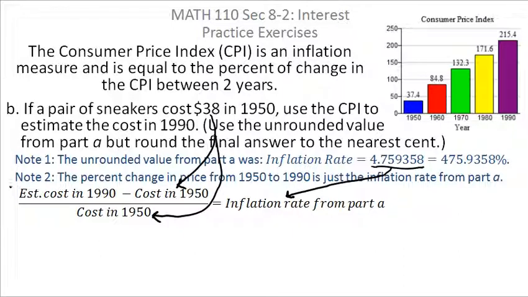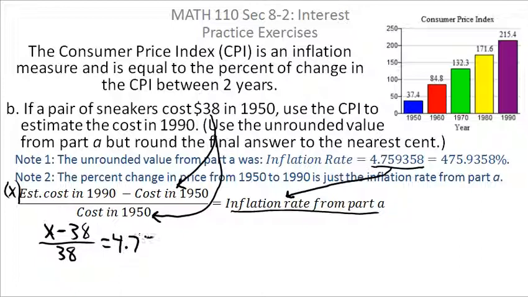Let's call that X. Then what we would get is X minus the cost in 1950, which is 38, divided by the cost in 1950, which is 38. Remember, all of this is just a percent increase, and that's equal to the inflation rate that we got from part A. They want us to use the unrounded version, so that'd be 4.759358.